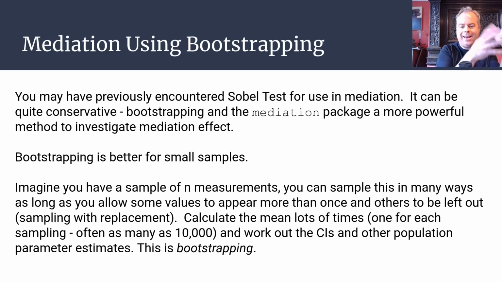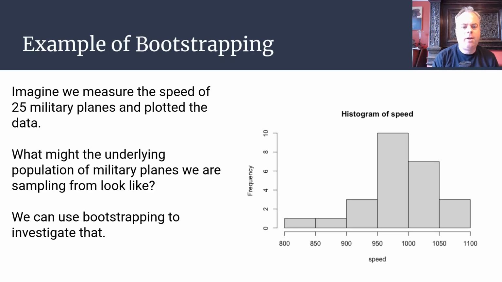You could do this like 10,000 times. If you've got a data set of 100 data points, you could work out sample sizes of 50 from that data set, and each time you extract a sample, you work out the mean. You could do this, say, 10,000 times. And then you can actually start to understand properties of the population that you're sampling from. And this is really the basis of bootstrapping.